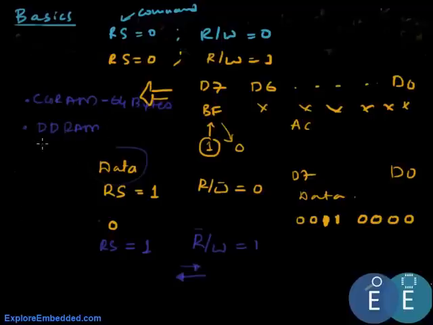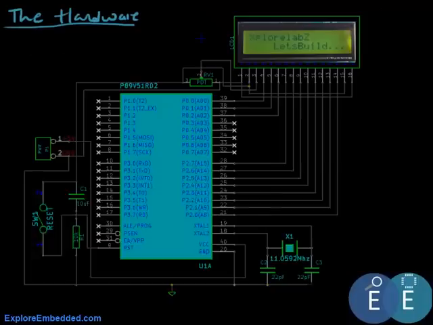Now let us go ahead and look into what connections are required to interface an LCD in 8-bit mode. The lines are not clear, so let me just write them. This is the VCC and the ground pin.